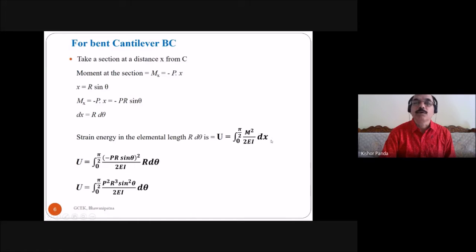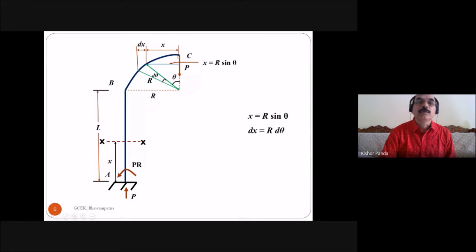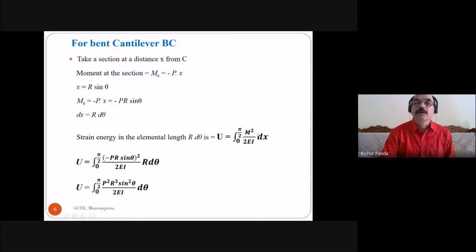But here, instead of dx, you have to put r d theta, because you are finding the strain energy of this curved portion. So here you take the integration limit from 0 to pi by 2, and put dx equal to r into d theta.